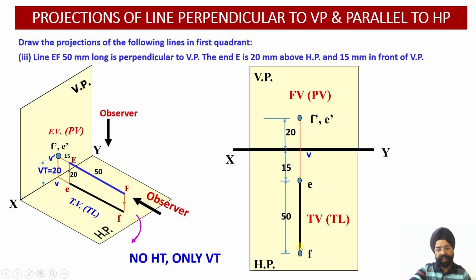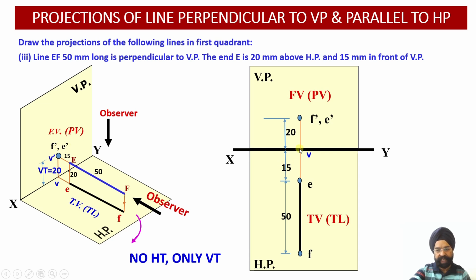So just see, these are the projections of the line as they are obtained on the horizontal plane. I will be extending these projections till this projection line meets my XY line. Once it meets the XY line, then I'll draw the perpendicular from this point of intersection to the projection obtained on the front view.